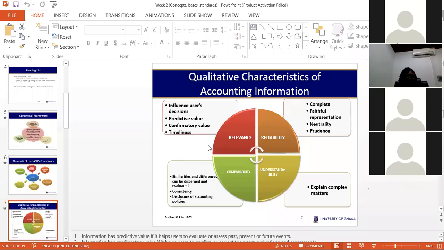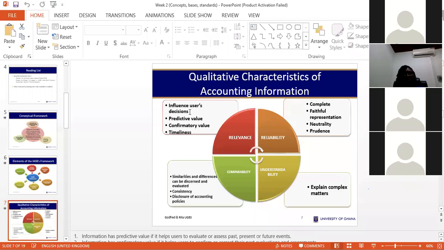For information to be relevant, it should influence the user's decision. Remember, we have identified the users. And so for the decision you want to make, the information that has been made available should help you either alter your decision or affirm your decision. And so it should influence the user's decision to be relevant.